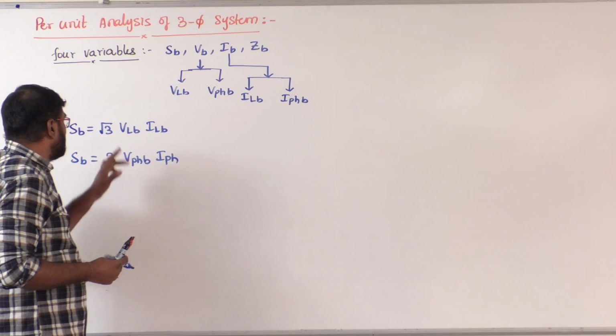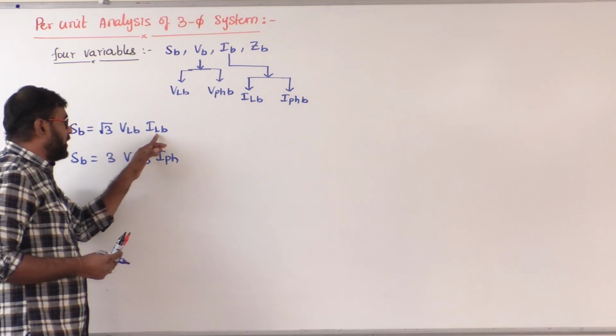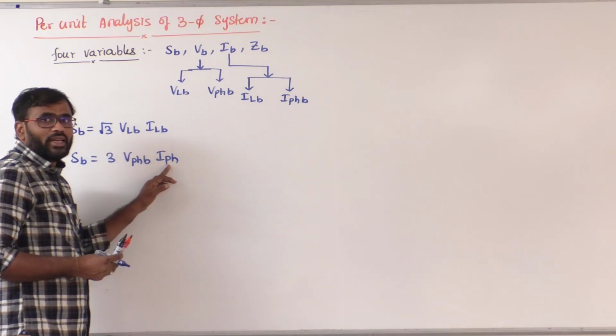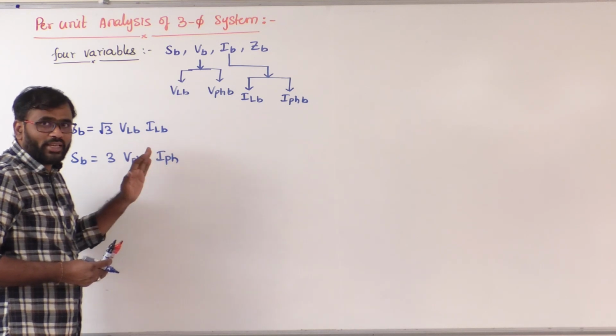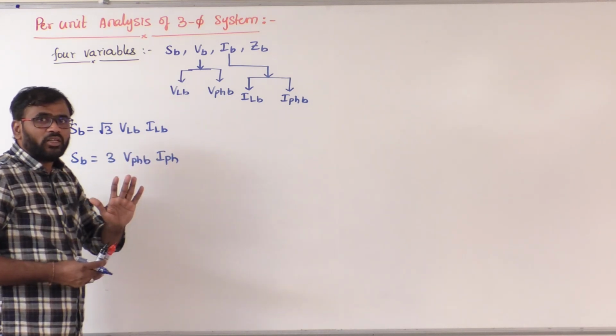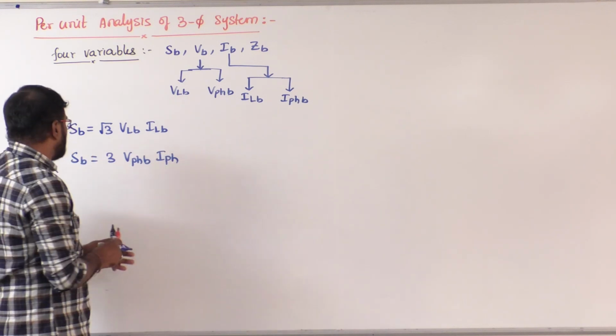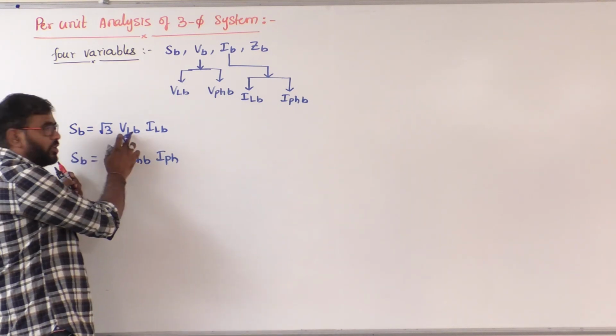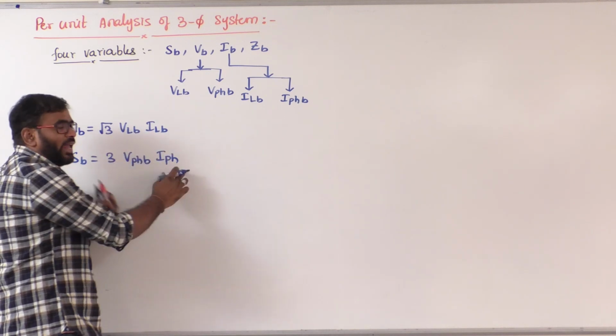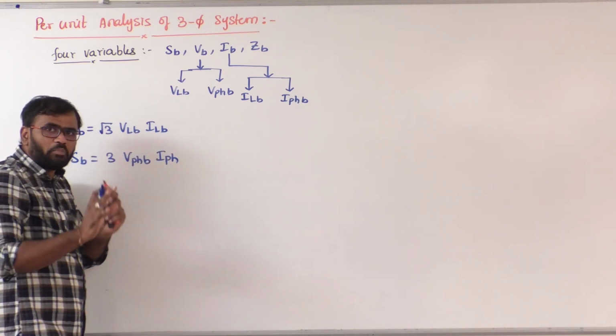But be careful here, V and I are just magnitudes with no phase angles, because we defined the base quantities as having only magnitude. That means S, VL, IL, V phase and I phase have only magnitudes.